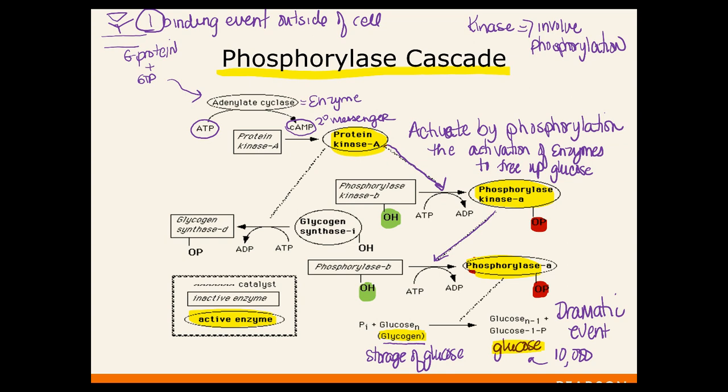Okay. Now, there's one other thing on this diagram. Let's think about something. If the cell needs to release glucose for energy, then it's going to go through this process from the original hormone, epinephrine, for example, in the muscles. That's going to release the glucose inside of the muscle cell, freeing it up for energy. Now, it would not be effective if at the same time that we're trying to release glucose, we're still trying to store it.